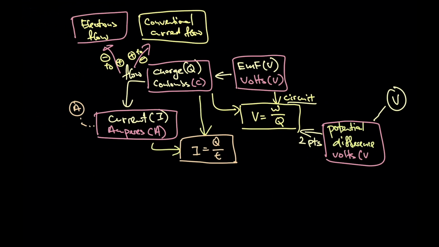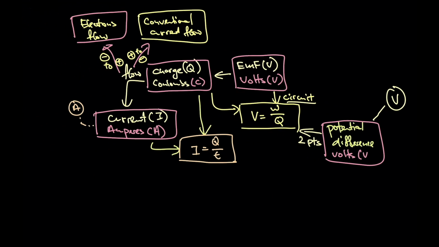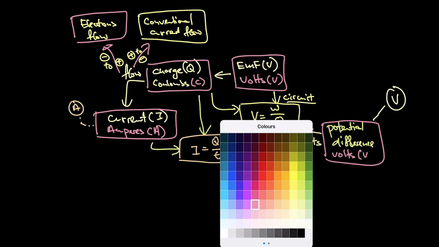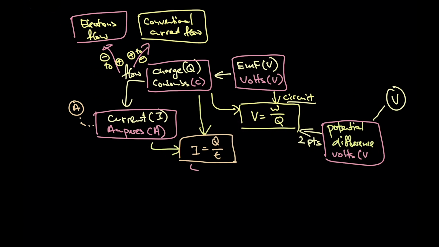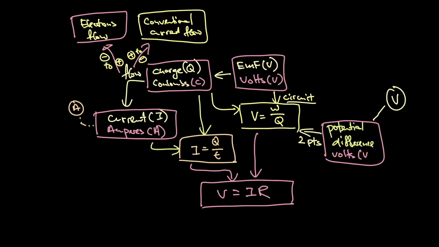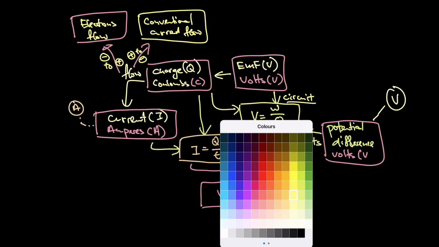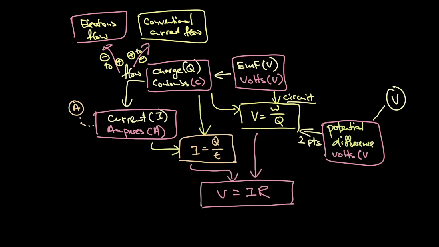So now we have I and we have V. Now comes the most important equation, the relationship between these two quantities, represented by Ohm's law, which is V equals IR. Potential difference or EMF is directly proportional to the current flow, dependent on R, which is the resistance.